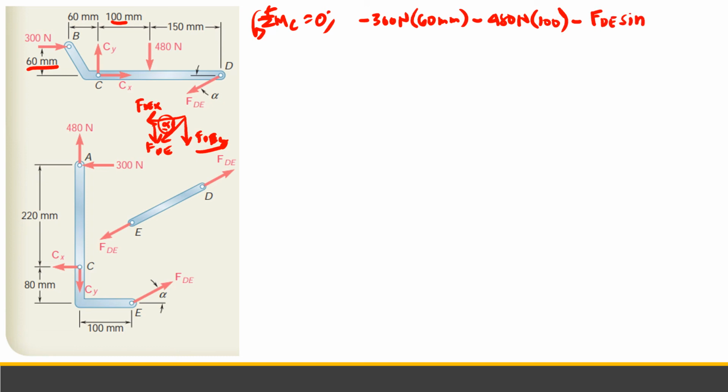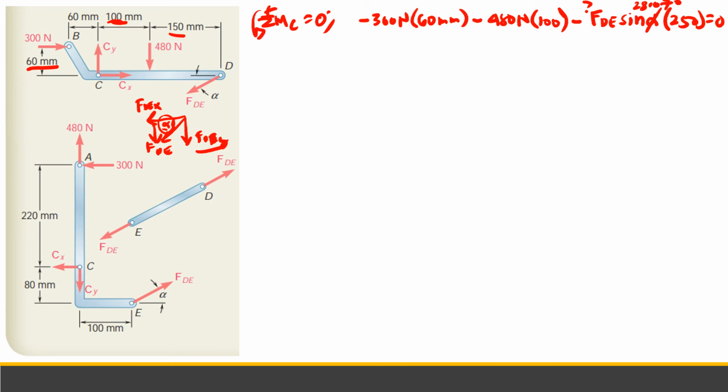So FDE sine alpha multiplied by, that is 100 plus 150, so 250 equals 0. Okay, so the only unknown here is yung FDE, and alpha is 28.07 degrees.